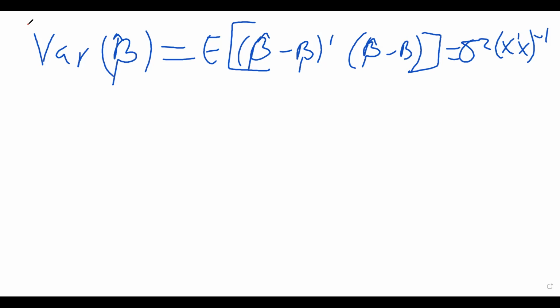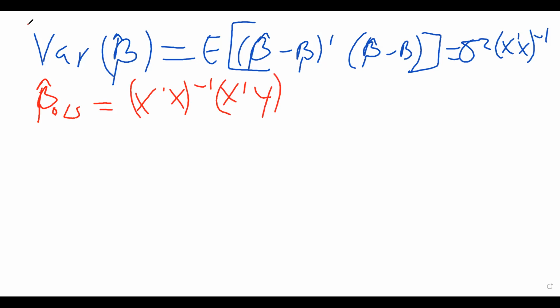We indicated that beta cap, which is the OLS, was equal to x prime x to the power negative 1 x prime y. Okay, you remember this? This is what we proved the last time.